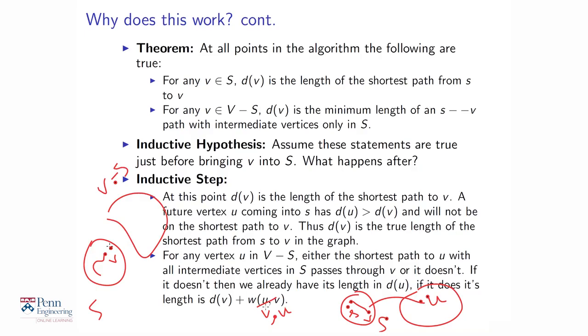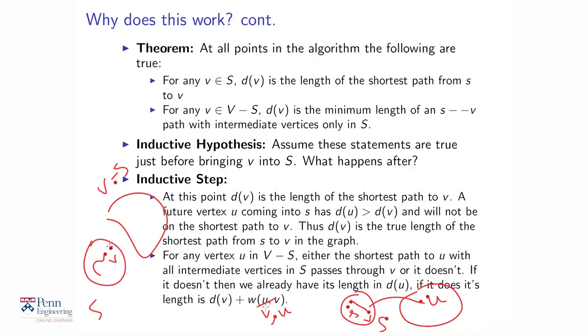Since our update did exactly this, for every vertex u in V minus S, we checked whether the original D of u was smaller, or D of v plus weight of vu was smaller, and we updated D of u accordingly. So D of u is correct, and the invariant holds after v is brought into the S side.